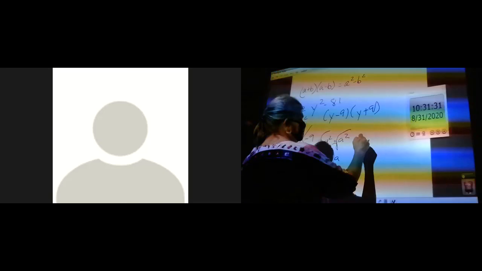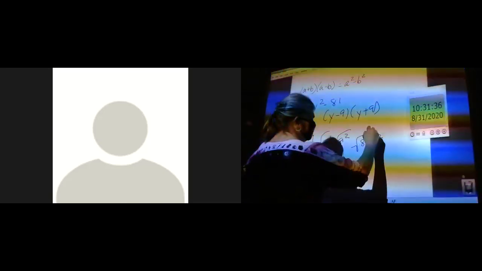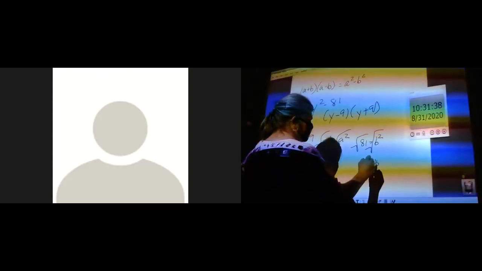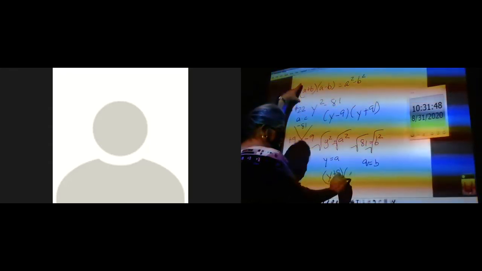Then 81 is equal to b squared, take the square root of both sides, 9 is equal to b. And because you know the difference of squares property, you can automatically say y plus 9, y minus 9.